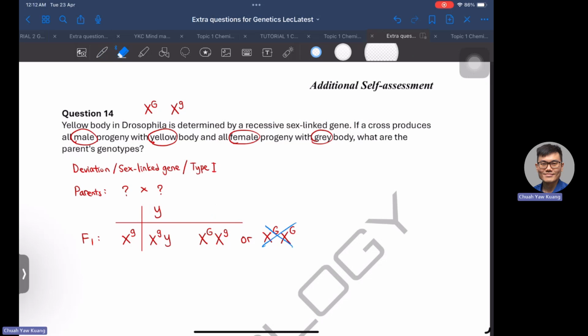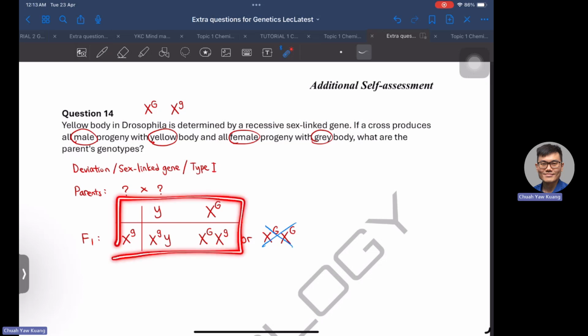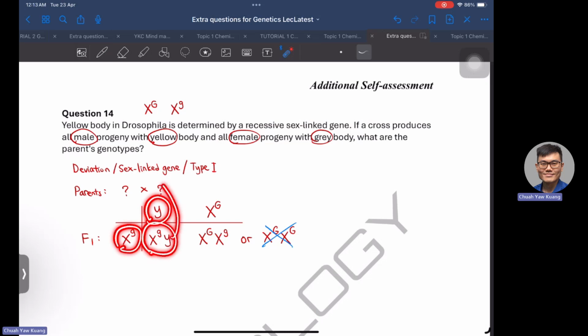So this would be the X G. Once you're done with this, you do a checking again. X small g and Y will give rise to all the males with yellow body.